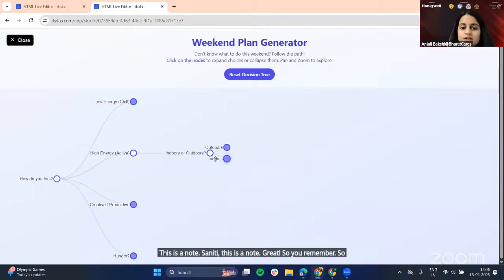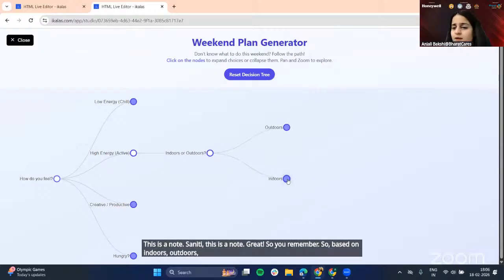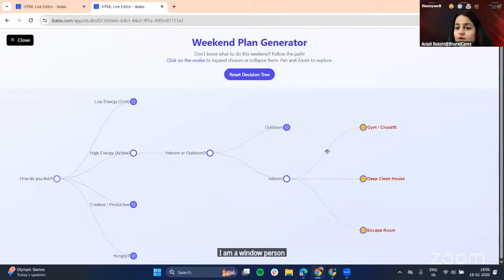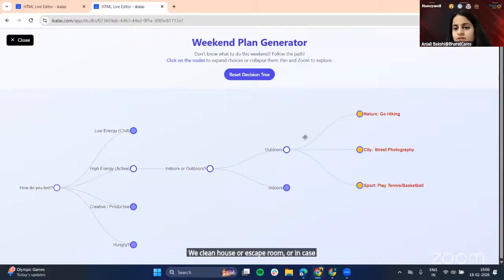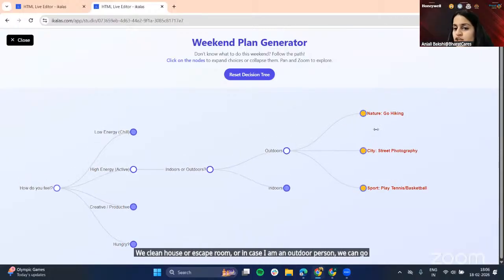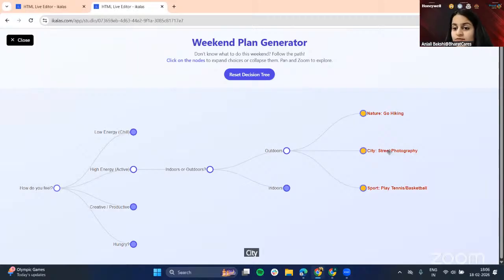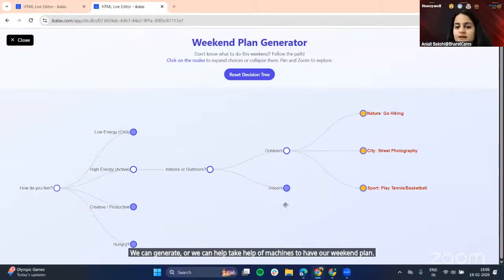Based on indoors or outdoors, I am an indoor person. We have three options: gym, deep clean house, or escape room. Or if I am an outdoor person, we can go for nature hiking, city street photography, or play tennis or basketball. That is how we can take the help of machines to make our weekend plan, right?